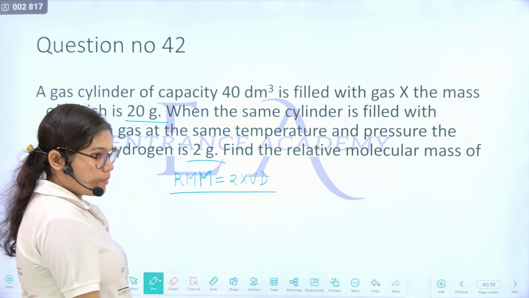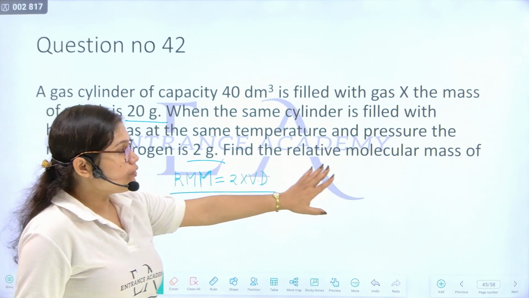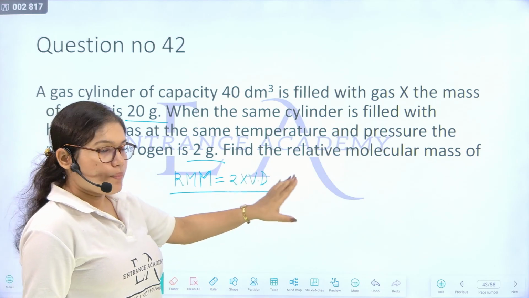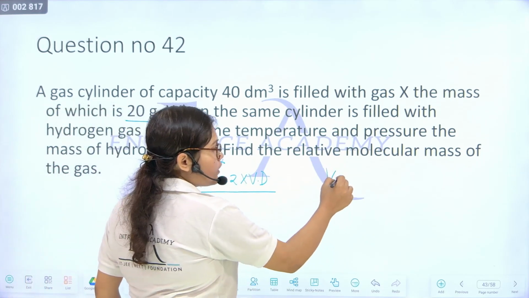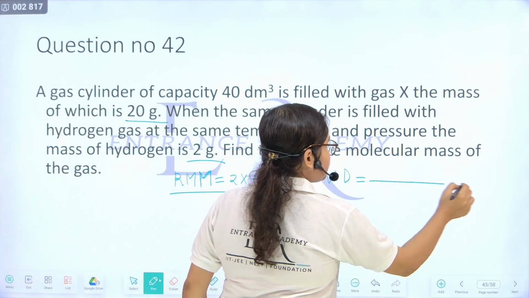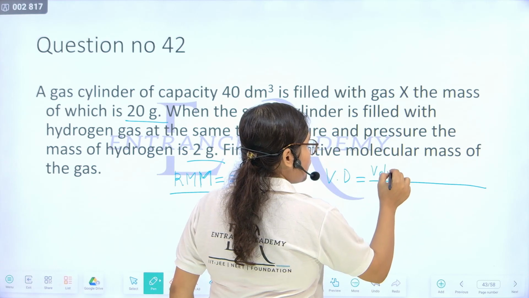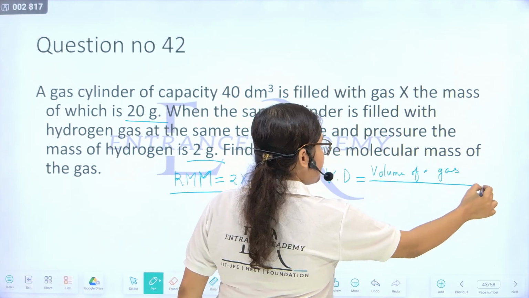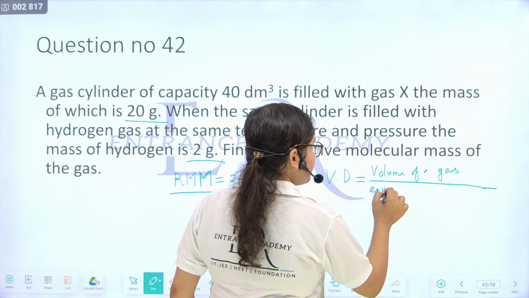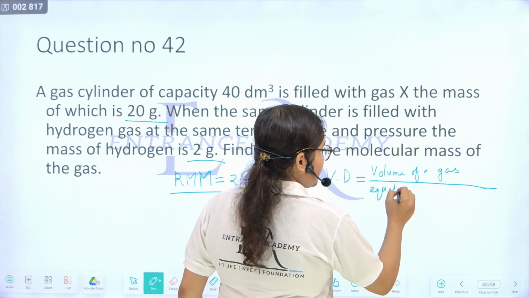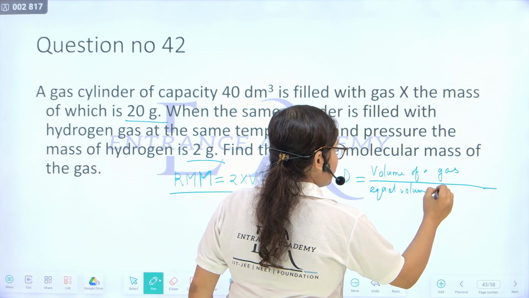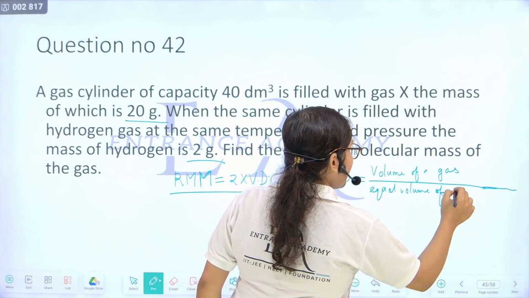To calculate relative molecular mass, you multiply 2 by the vapor density. What is vapor density? It is the mass of a certain volume of a gas divided by the mass of an equal volume of hydrogen gas.